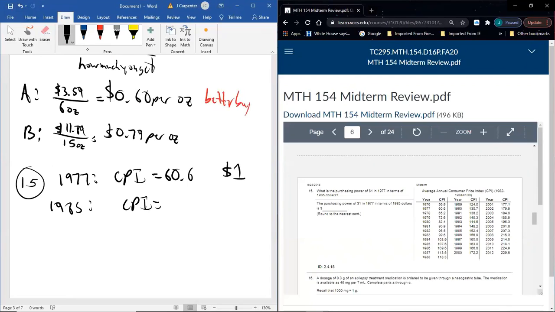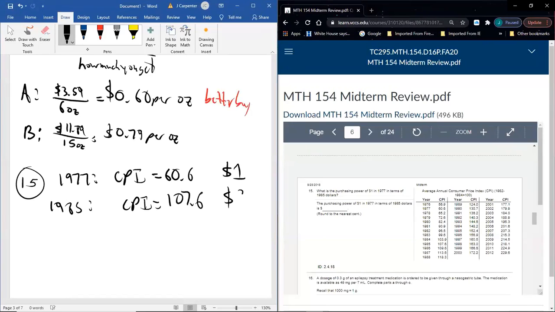And yes, it doesn't always work for specific goods. We talked about how technology tends to get cheaper. Fun things like concerts and movies tend to get more expensive. Consumer necessities like your fruits and veggies tend to stay flat or even go down. Milk, that went down significantly over time unless you're buying organic. All right, so 1985, that CPI was, I wish you could see how close I am to my screen for this, 107.6.